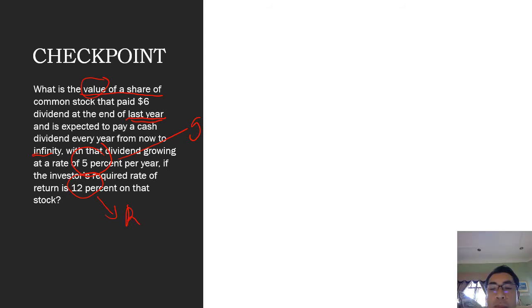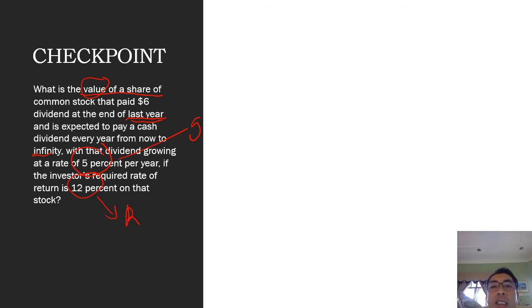Okay, so we use the constant growth model. Why is it constant? Because from the question you get to know that the share is paying a constant growth dividend until infinity. So we can use the constant growth model to calculate the value of the stock now.